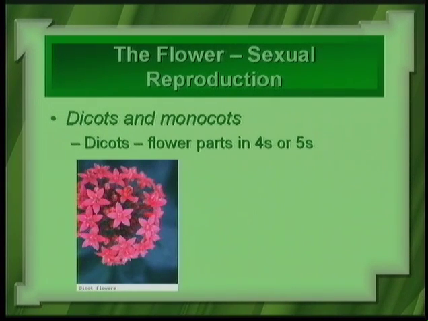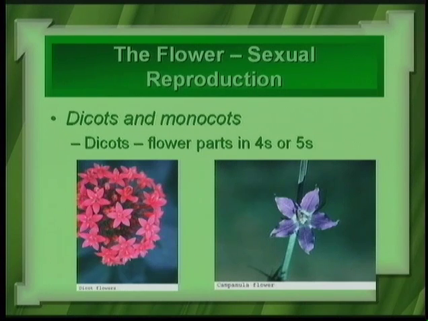Here you have one kind of dicot flower; if you count the petals, 1, 2, 3, 4, 5. And here's another dicot, a campanula in the Campanulaceae, and this too has 1, 2, 3, 4, 5.